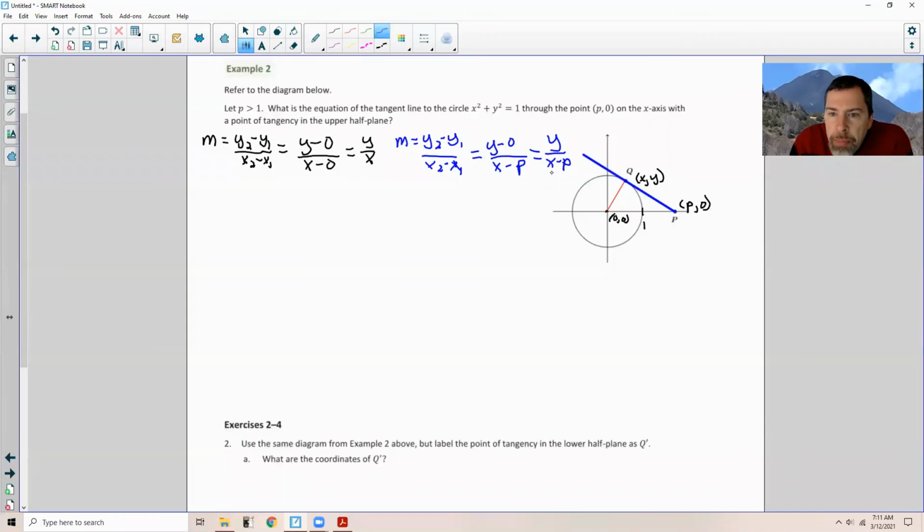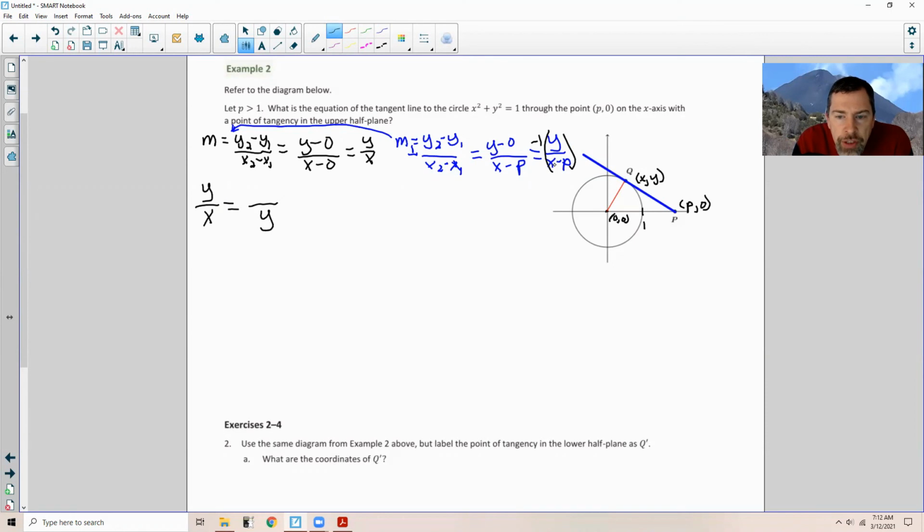Keep in mind that this is perpendicular to this. So if I flip it and change the sign, then it will be equal to this. Now I can say y over x is going to equal the negative reciprocal of this. If I flip this over, I multiply by -1 and take the reciprocal, so y is going to stay in the denominator now.